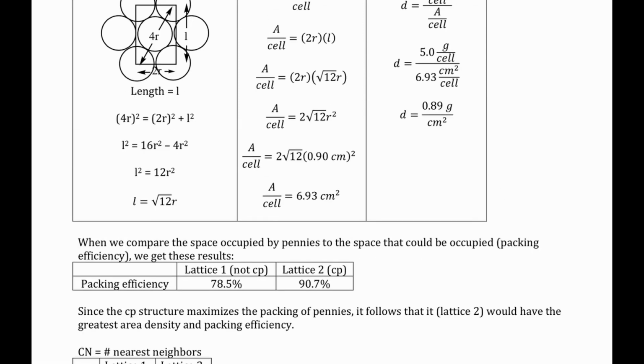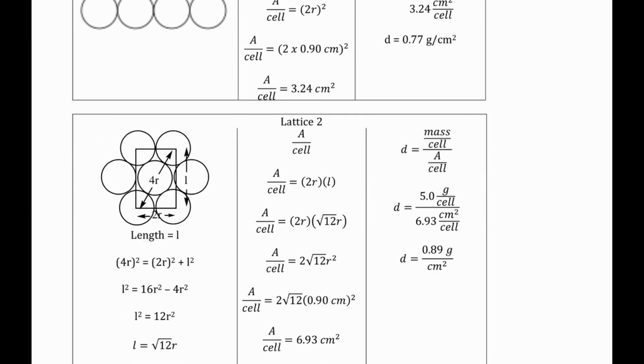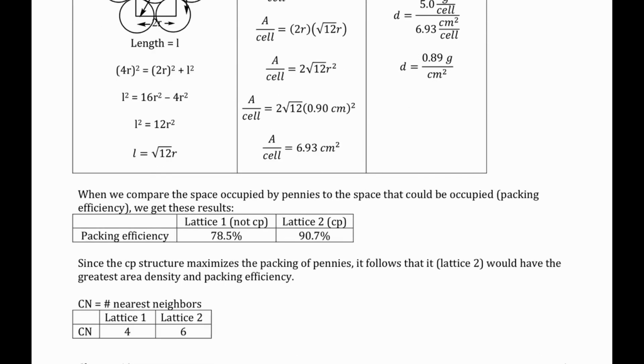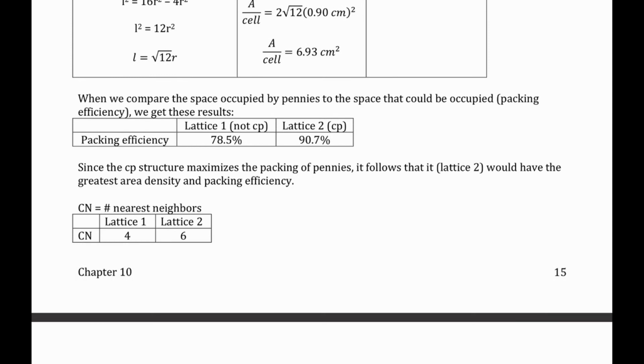In lattice 1, take any middle penny and you would count it's touching 4 neighbors, so it has a coordination number of 4. In lattice 2, the middle penny has 6 nearest neighbors, so a coordination number of 6, and that's where those two values come from.